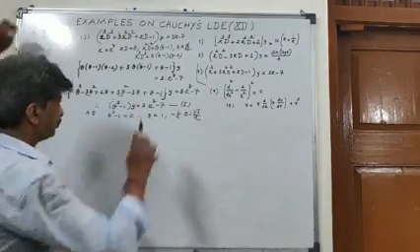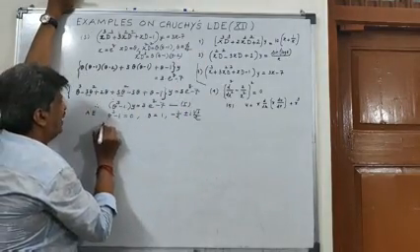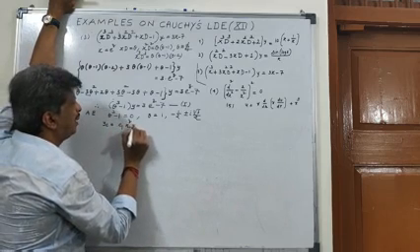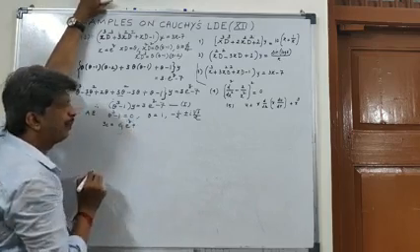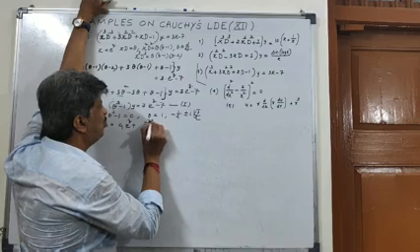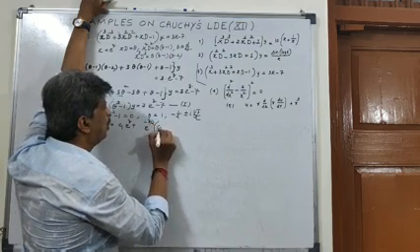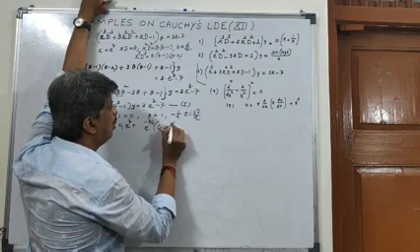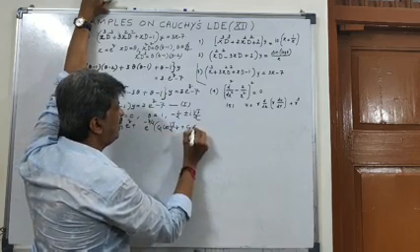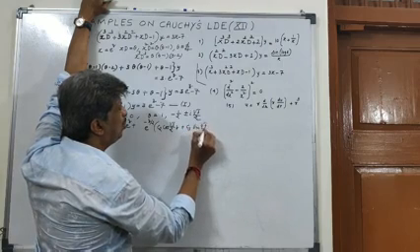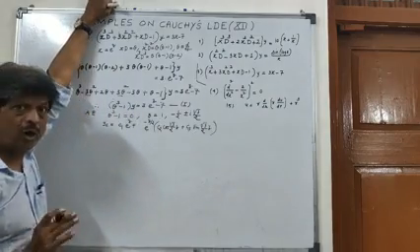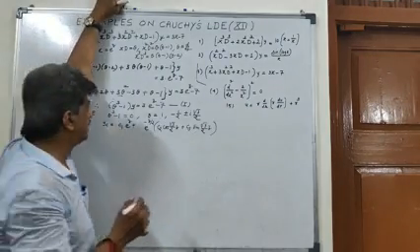Subject to these 3 roots, the yc is C1 into e raised to power z plus e raised to power minus z by 2 into C2 cos of root 3 by 2 z plus C3 sin of root 3 by 2 z. Z is log of x and e raised to power z is x.